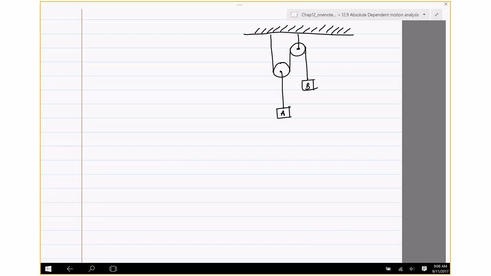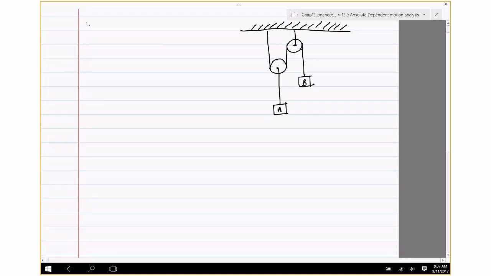Let's assume that we are given the velocity of A, VA, and let's assume that it is downward. Right, it's moving down.